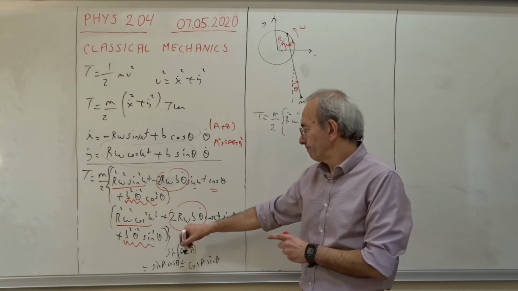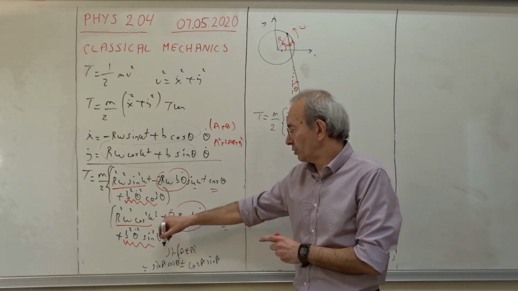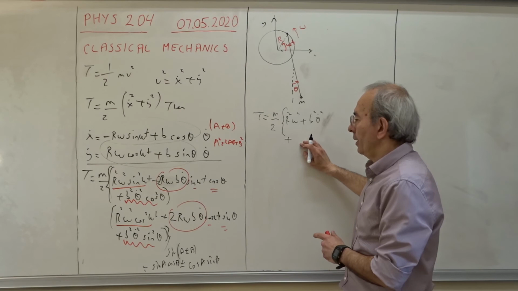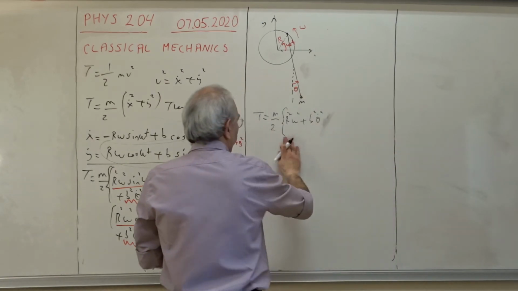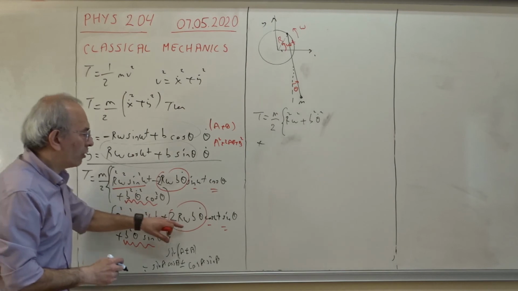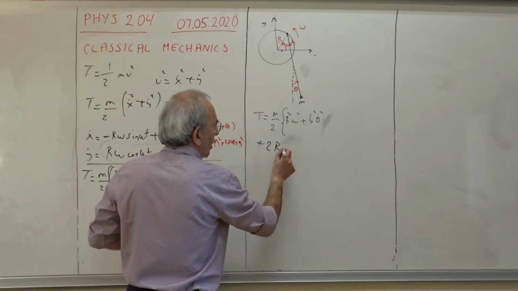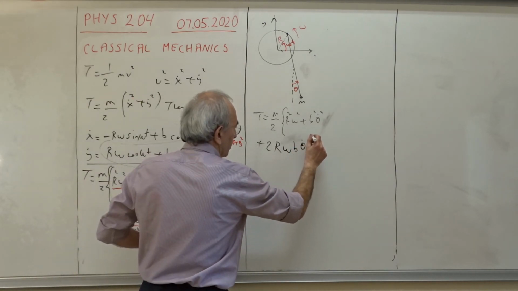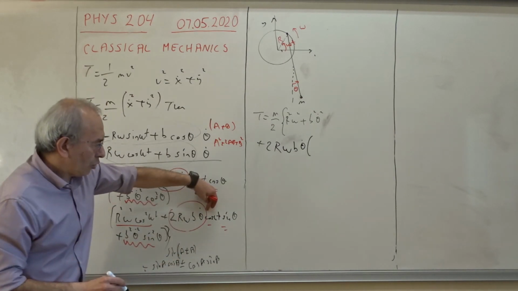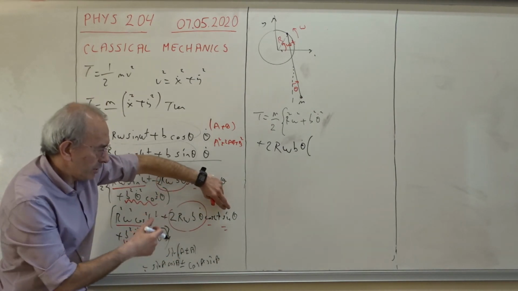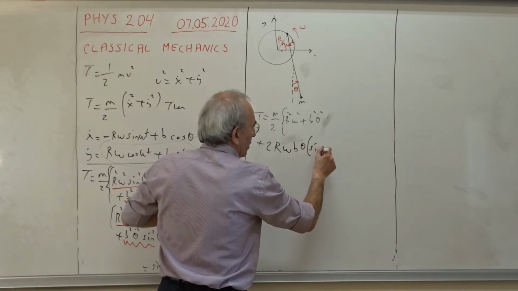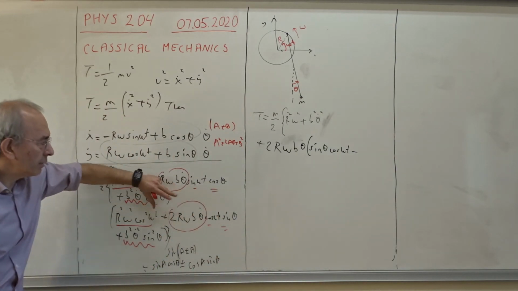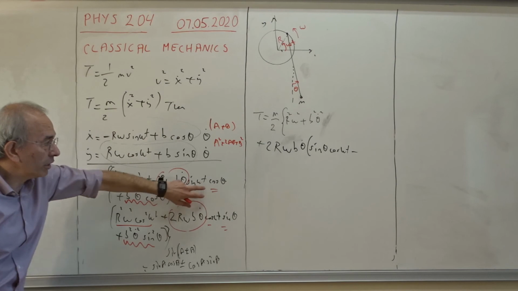Let's choose the positive one. So we have plus, common terms, 2r omega b theta dot, multiplied by what? Let's write the other order: sine theta cos omega t minus cos omega t... rather, sine theta cos omega t minus sine omega t cos theta.